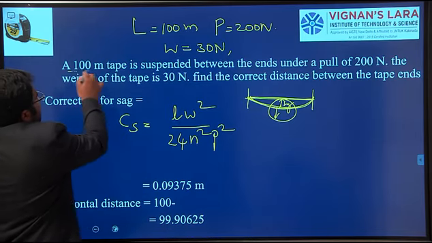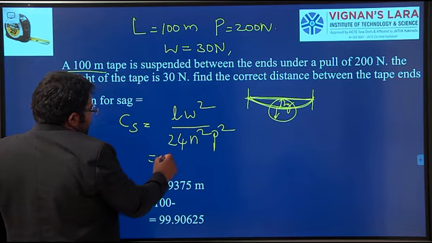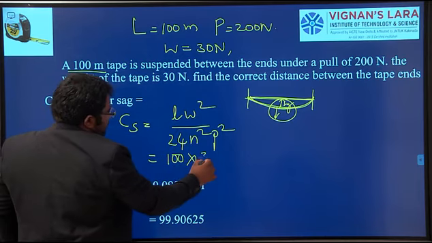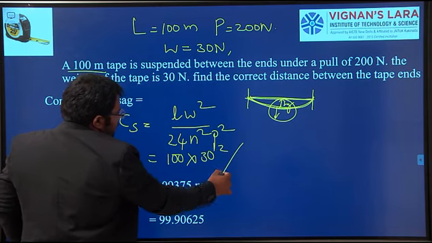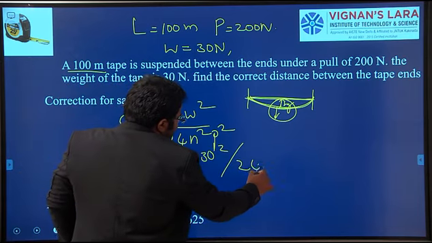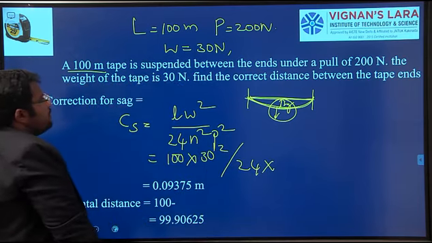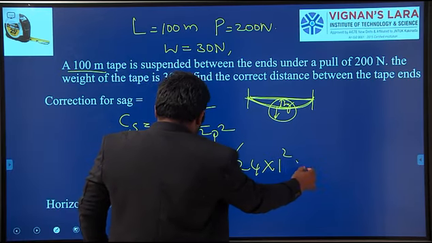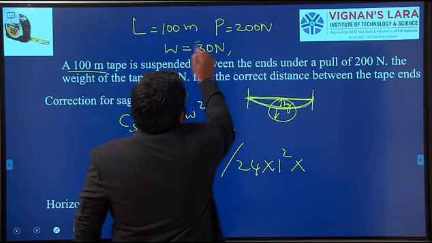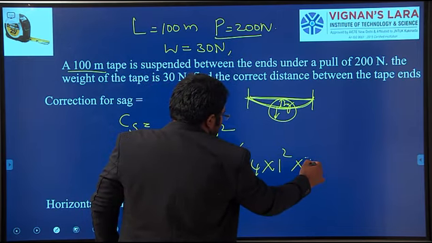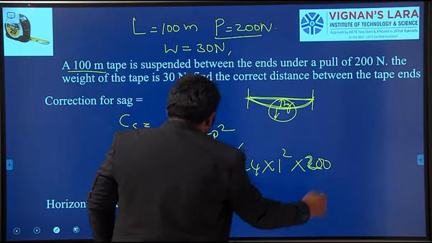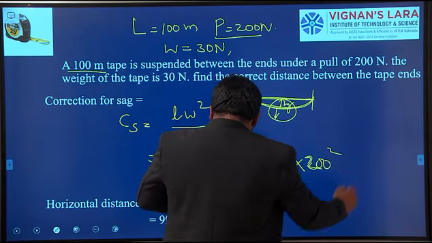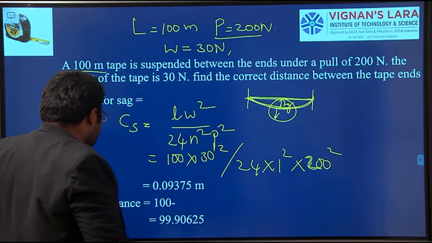Tape length is 100 meters. 100 meters into what is the weight? Weight is 30 newtons square divided by 24 into number of span, is only one span, right? So it is 1 square into what is the pull applied? 200 newtons into square, right? Into square.